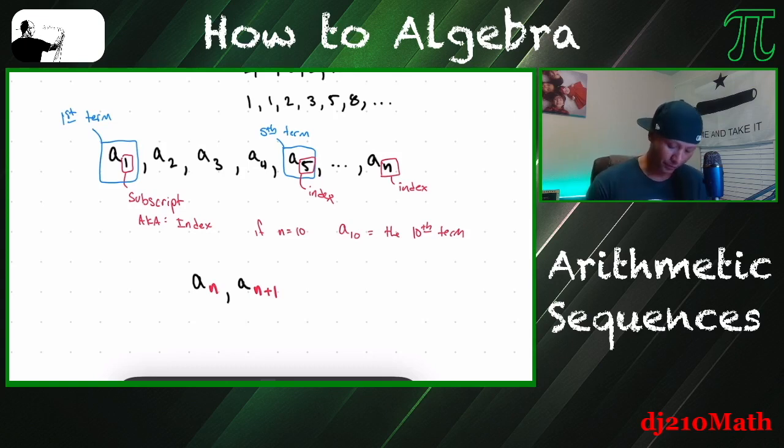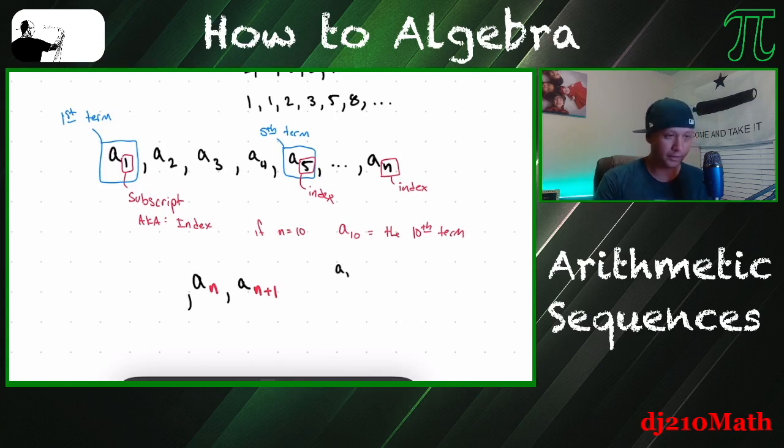All right. With that being said, let's just say a sub n is the first term. So n would be 1. So we would have a sub 1.